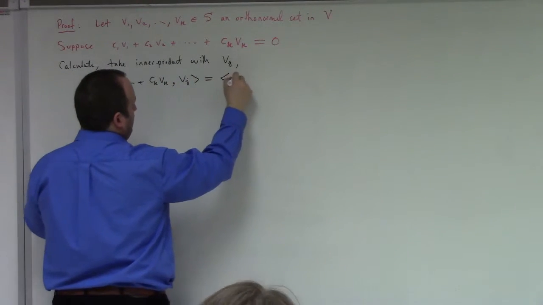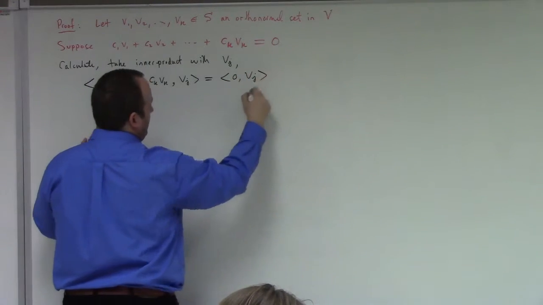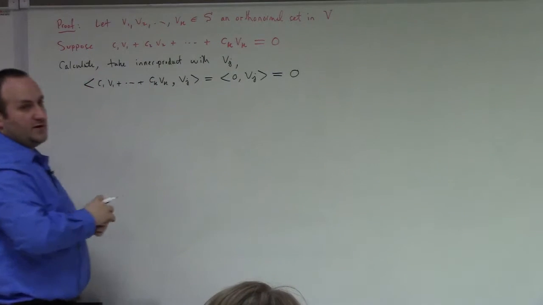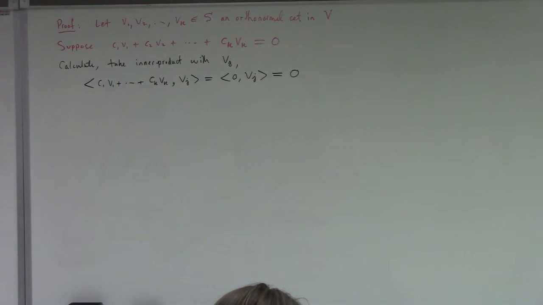That's equal to 0 inner product with Vj. By the way, that's equal to 0. The inner product of the zero vector with anything else is 0. You can prove that from the axioms pretty easily, as I talked about last time.